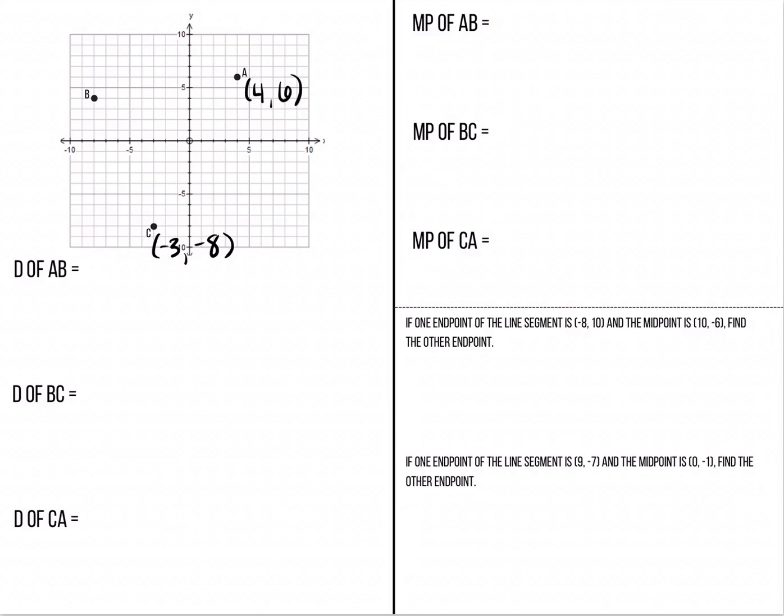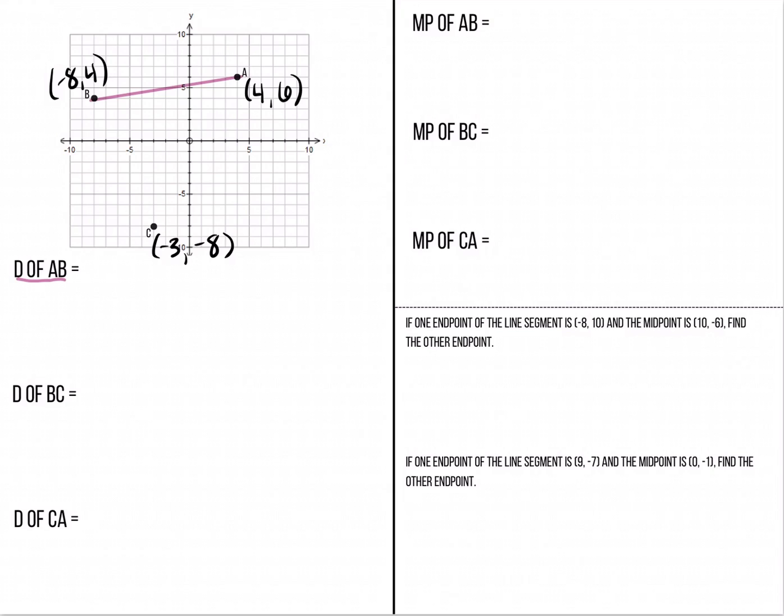And B is at -8, 4. If they want the distance of AB, they want the distance from A to B, from here to here. We're going to figure that out right here.